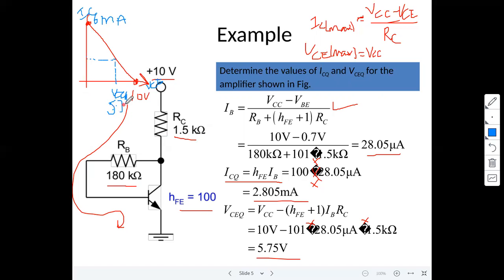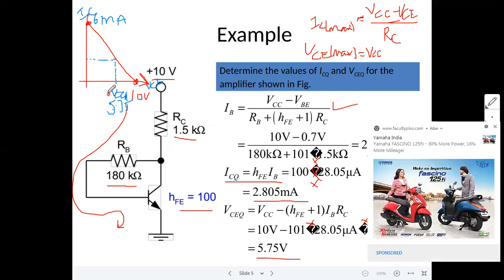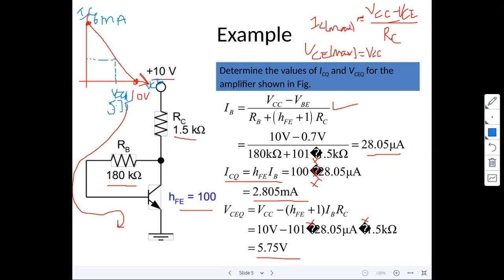VCEQ is equal to 5.75 volts and ICQ is equal to 2.8 milliamperes. So the Q point is located approximately in the middle of the DC load line.